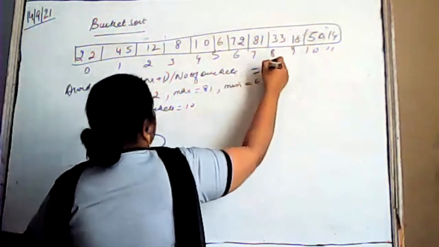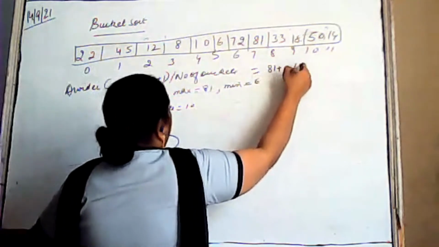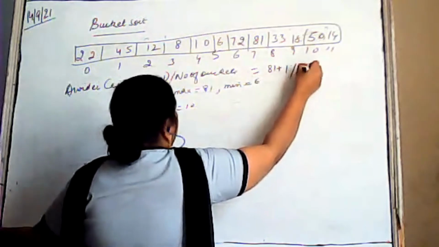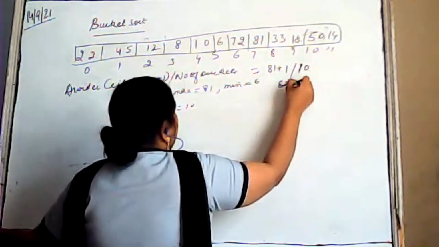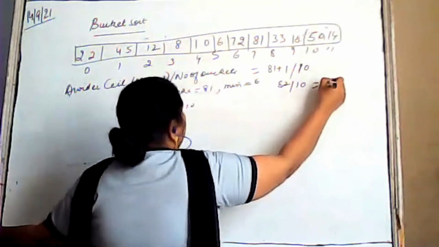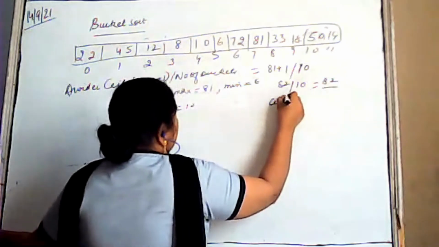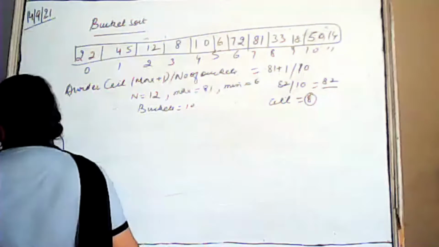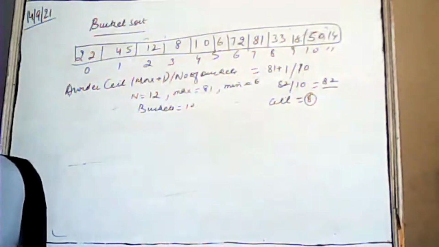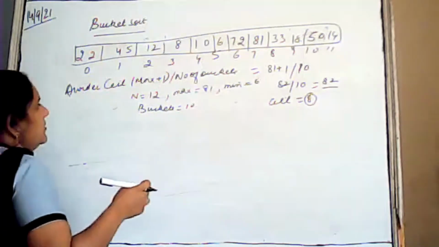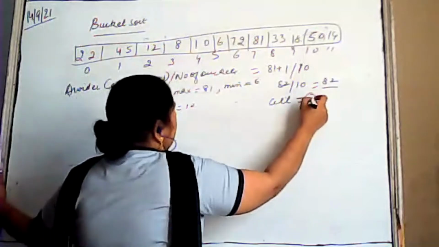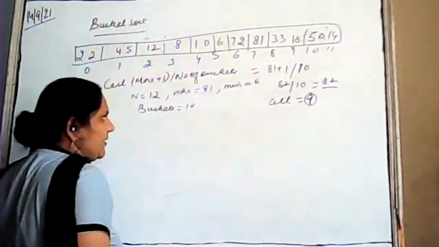Max plus 1 is 81 plus 1, divided by 10, that is 82 by 10, which is 8.2. So ceil of that, sorry, you have to take the ceil value, so it becomes 9, because we have to take the uppermost value.